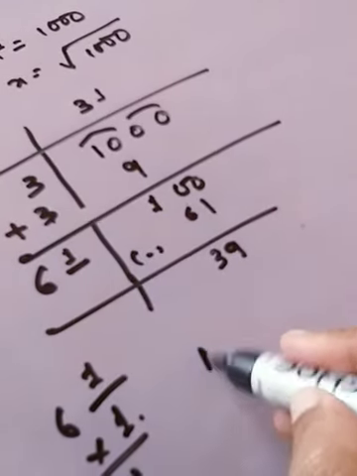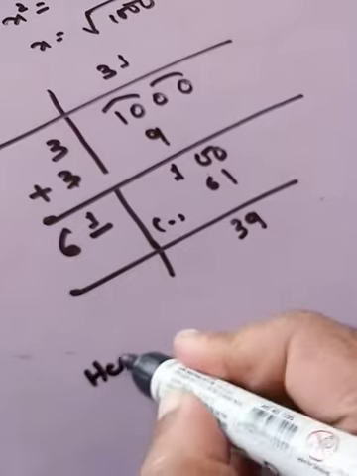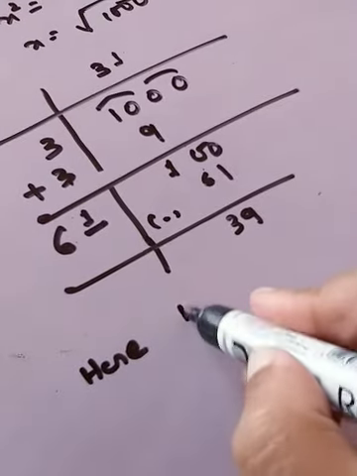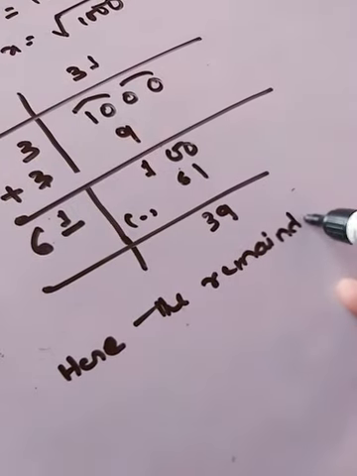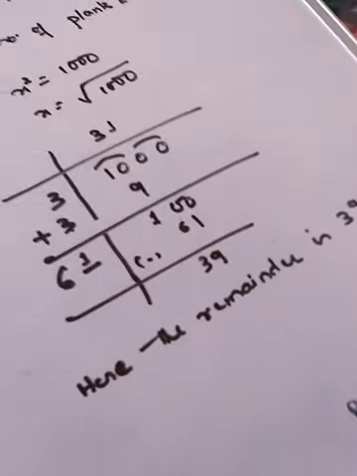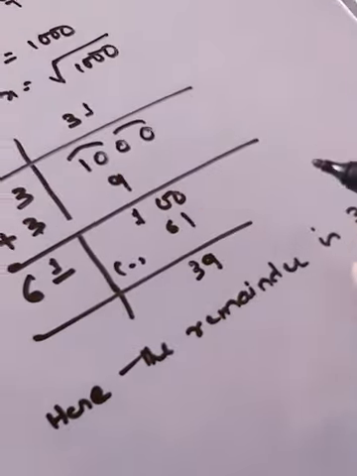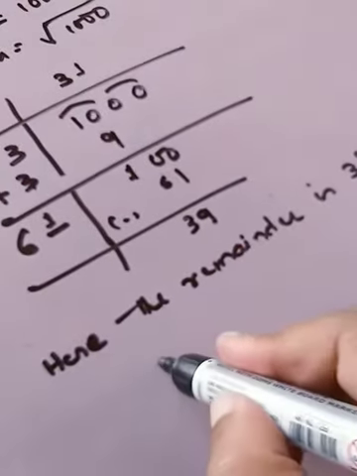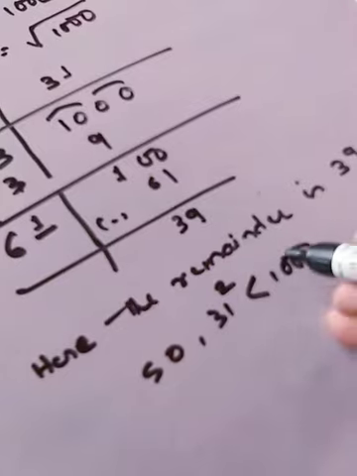Here the remainder is 39. So what we did in question number 5, as it is quite clear, 31 square is less than 1000, isn't it?